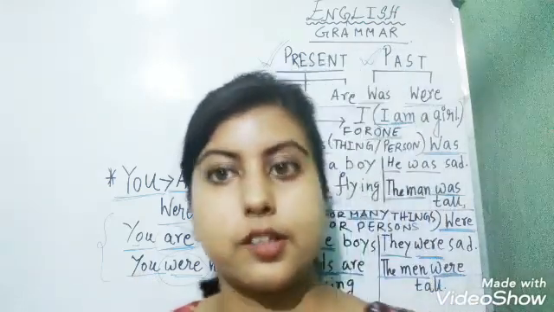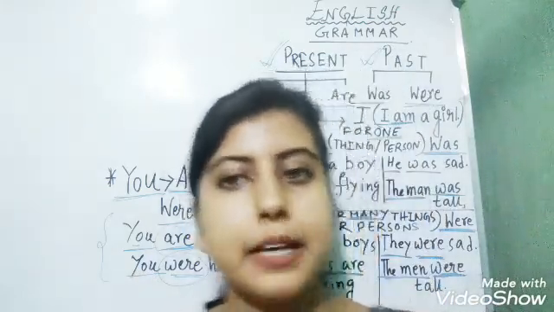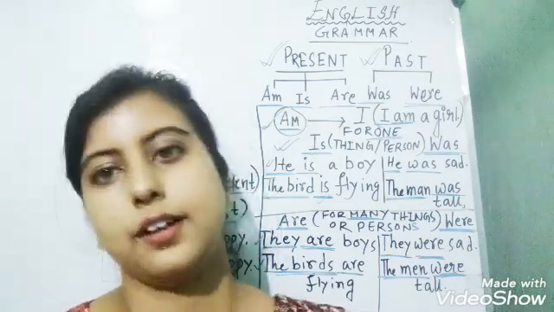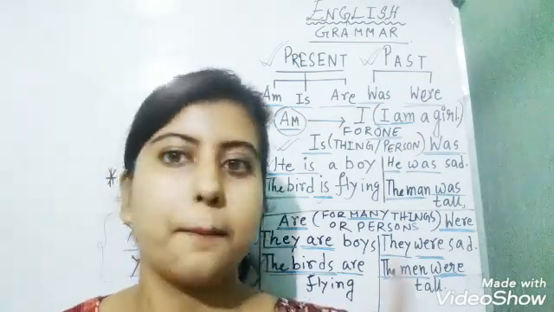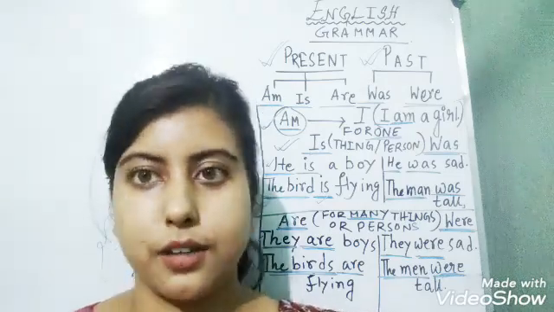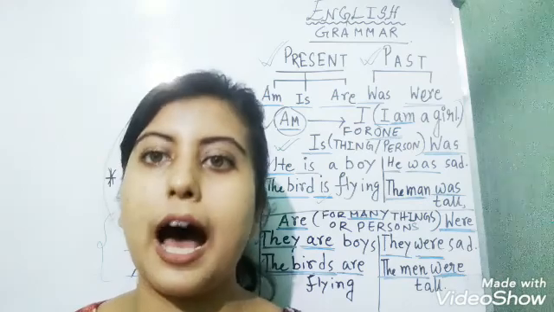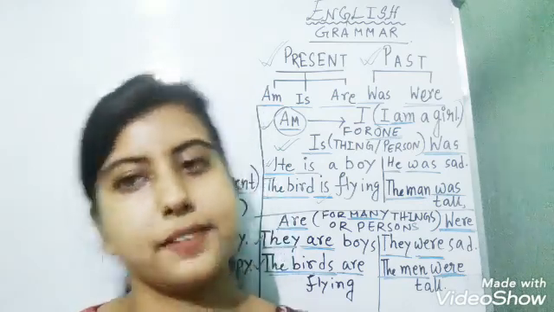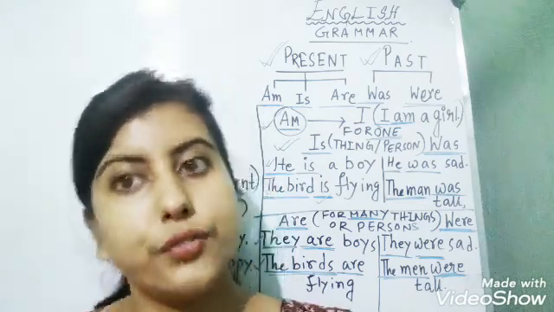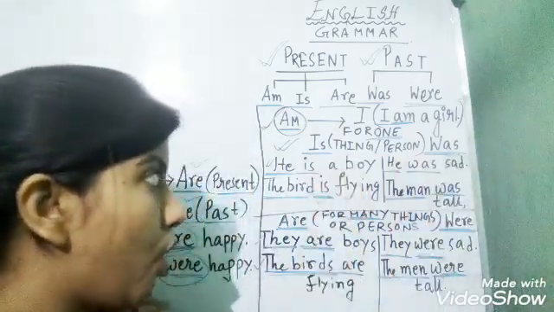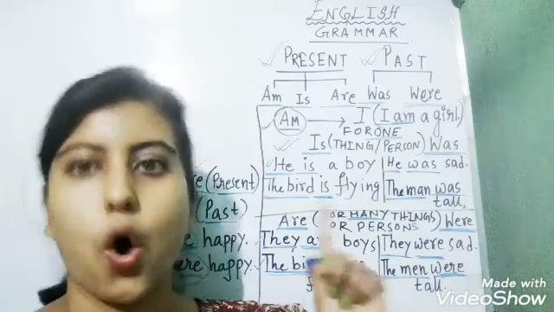So this was all about am, is, are and was, were. I am repeating. Please listen carefully. We will use am for I in present tense. We will use is and was for one person or thing.